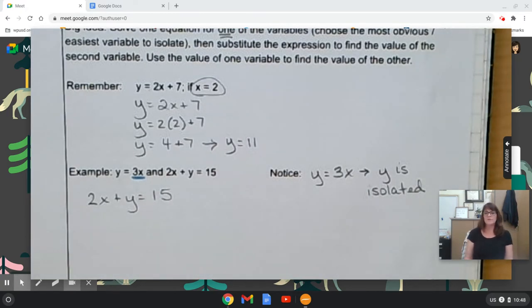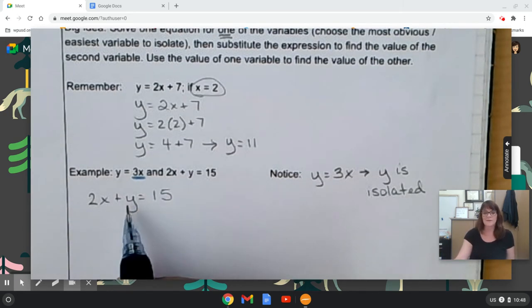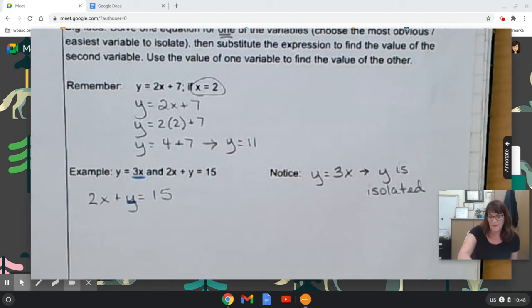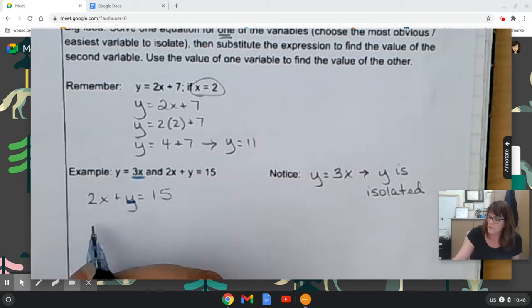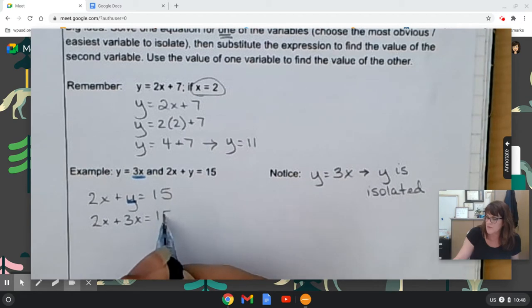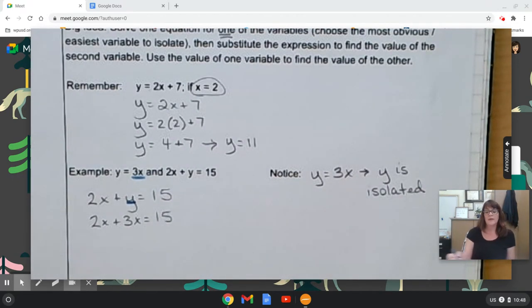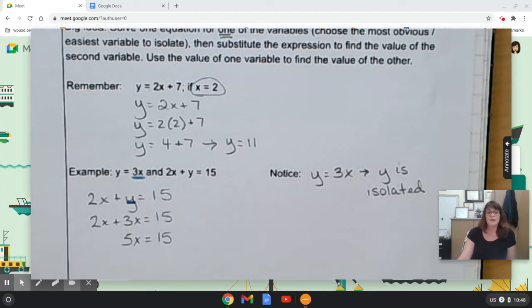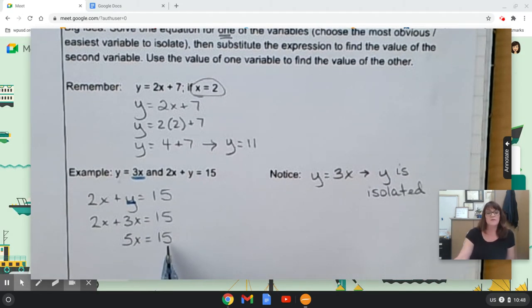But I can't solve an equation with two variables in it, Mrs. Atkinson. No, you can't. But you know what y equals. So since you know what y equals, you're just going to put that in. 2x plus 3x equals 15. Now you're going to combine like terms. 2x plus 3x is 5x. 5x equals 15. 5 times x equals 15.